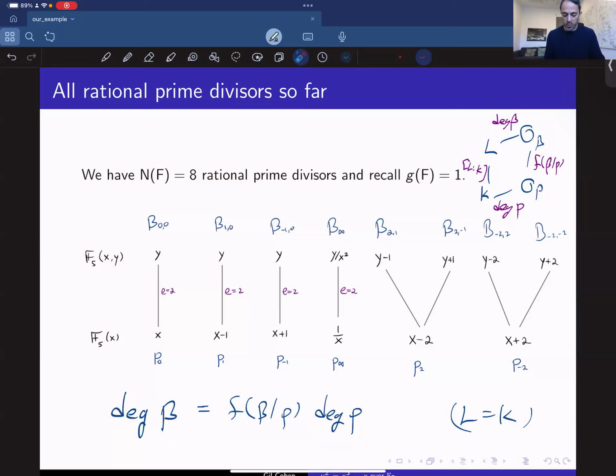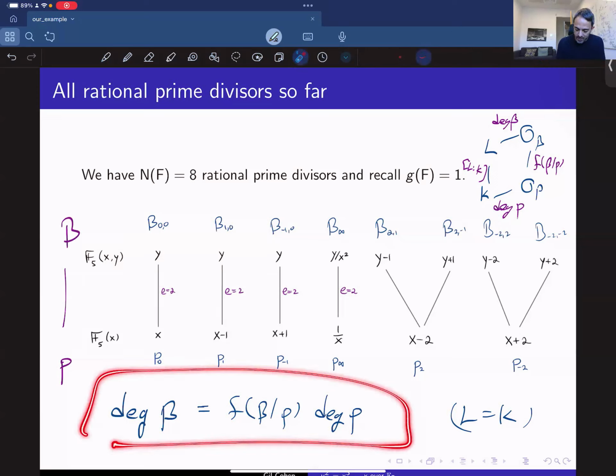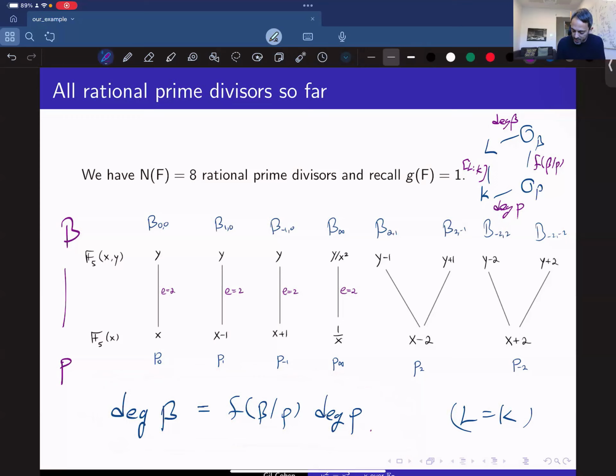Okay, so these are the only places that are rational places or rational prime divisors of capital F, because by this equation, you will not be able to find a rational place of F lying above a non-rational place of E, right? If you take some prime divisor here, which is not rational, and you take a prime divisor above it, then because of that, I mean, you can't have that this is larger than 1 and this is 1.